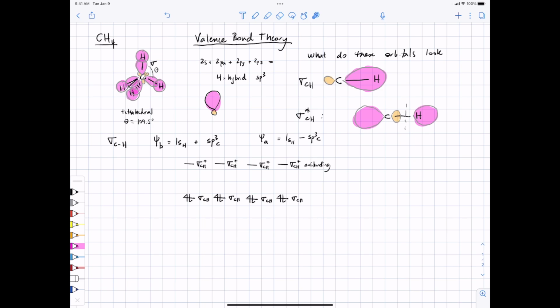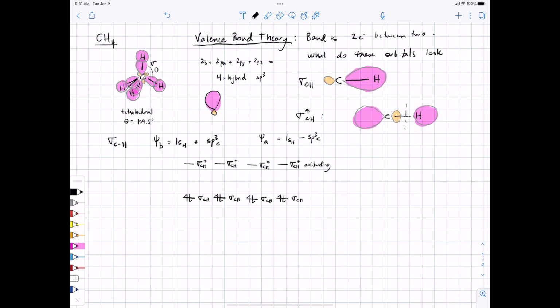Okay, so a bond would be considered to be a lone pair in an orbital like this that envelops all of the space between carbon and hydrogen. But the key aspect of valence bond theory is a bond is two electrons between two nuclei.